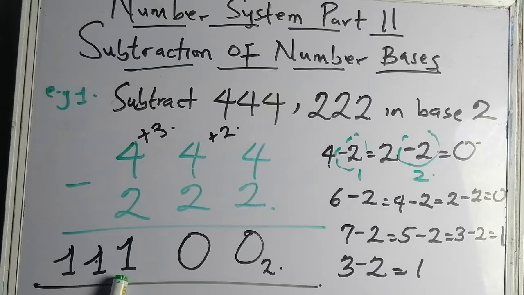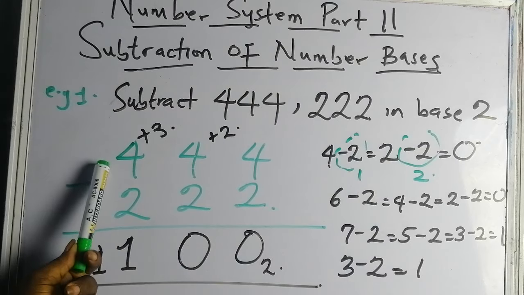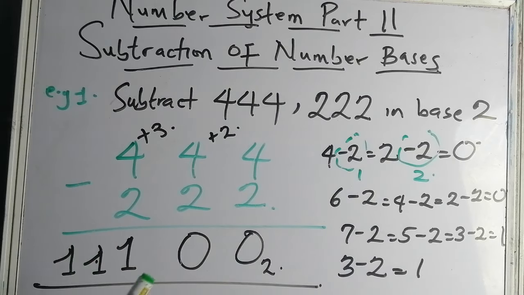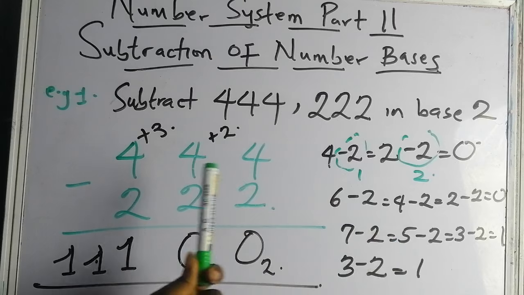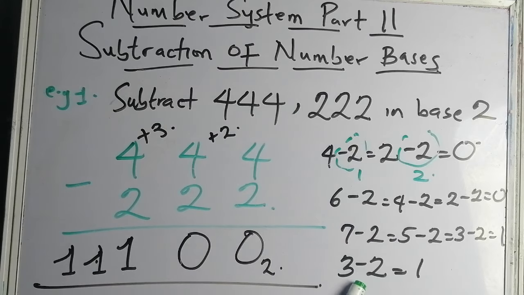You write the remaining here. So carry that 3. Nothing is here. Instead of me writing 3, I cannot write 3 because I'm working with base 2. It's greater than 2. So I'll subtract 3 minus 2, that is 1. Write it. Then I can subtract 2 in 3 one time. Carry the 1 to the other side.